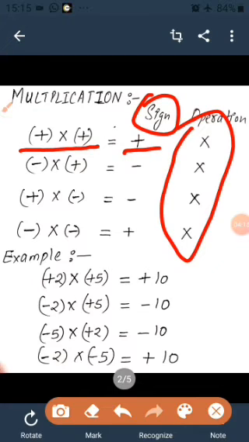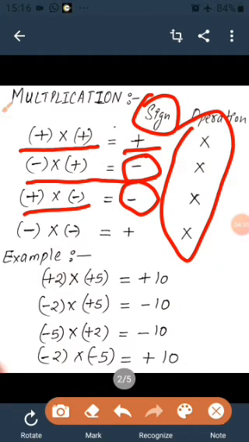If any one of the numbers is negative, then the sign will be negative. In the third case, one number is negative, so the answer will be of negative sign. And in the last case, if both the numbers are negative, then the answer will be positive.